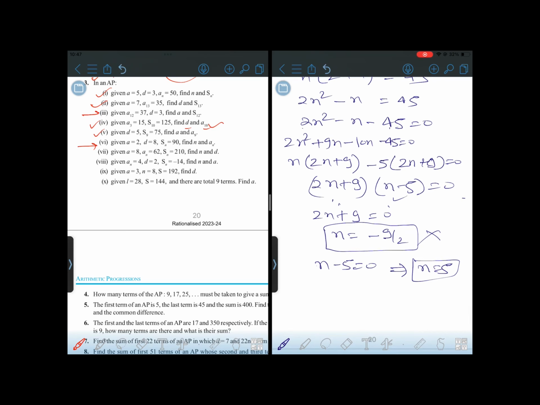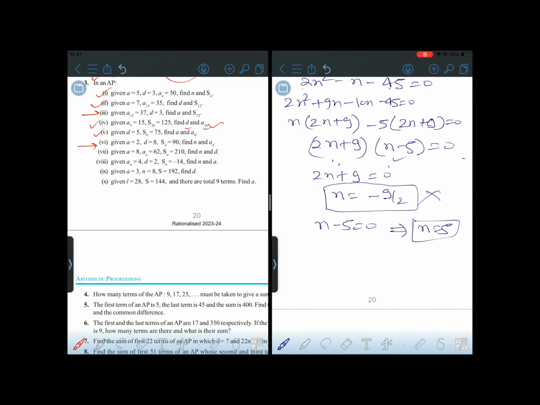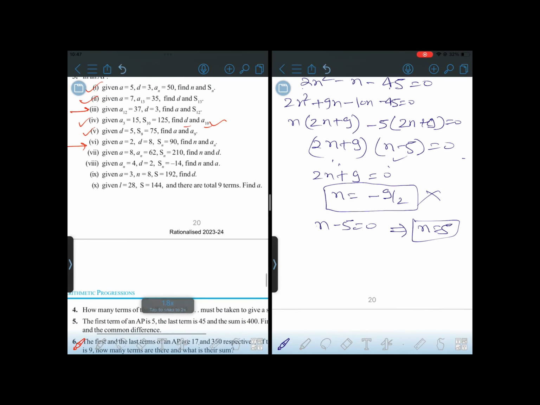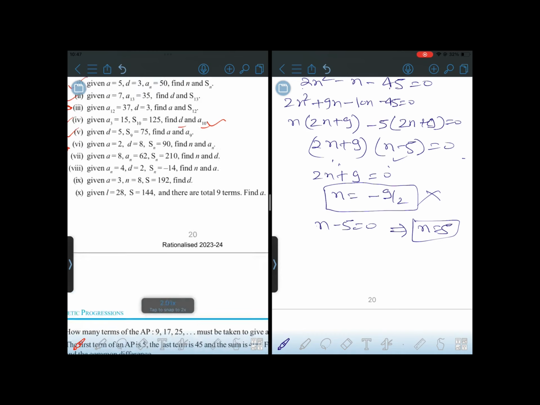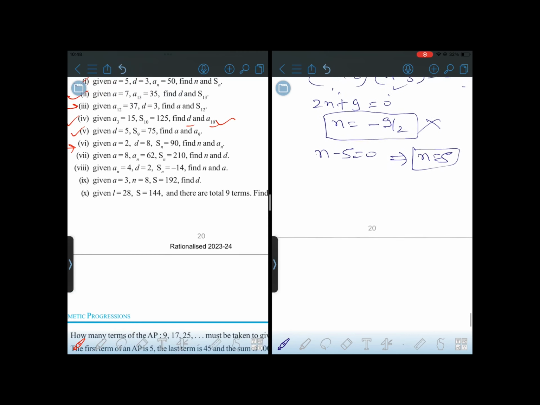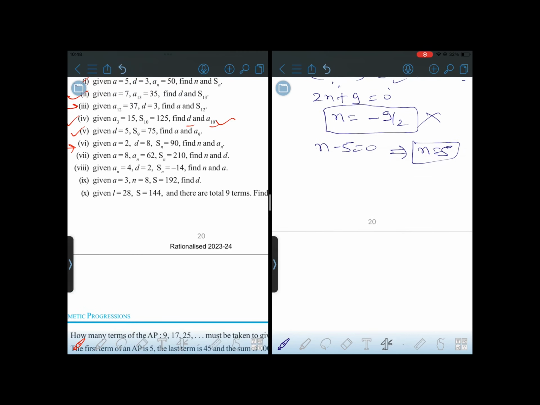So what next? We have to also find out the value of a of n, right? That means a of 5, because there are 5 terms. So a of 5 is equal to a plus n minus 1 into d.